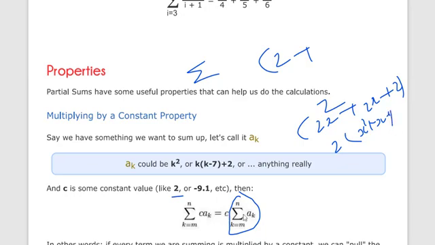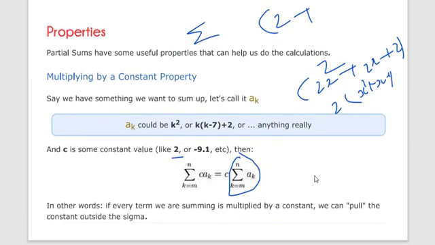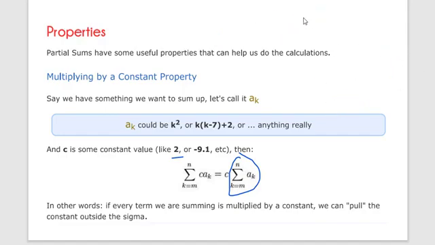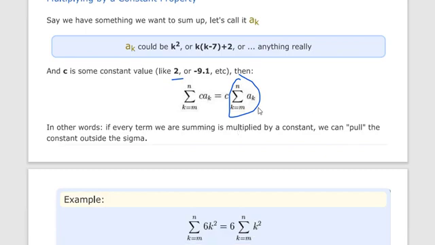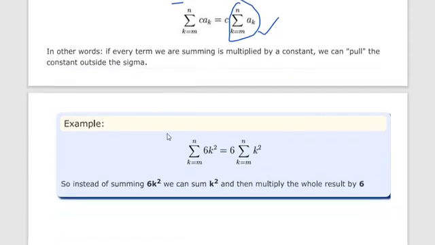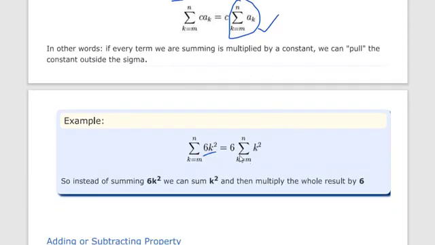So we simply take out the constant value in the sigma function, so it is easy to calculate. Otherwise it is time consuming. If it is 6k squared, we can take out 6, calculate the sum of k squared, then multiply with the 6.